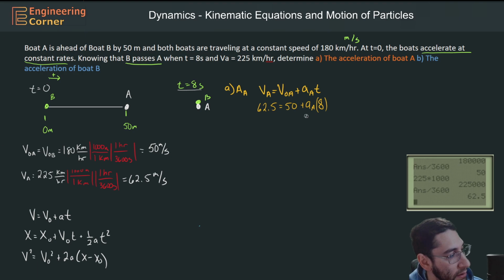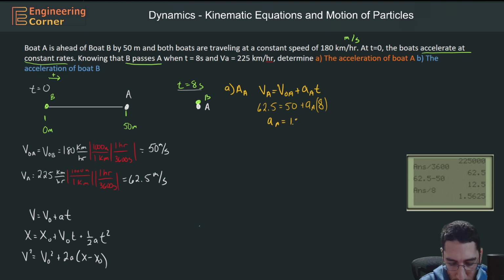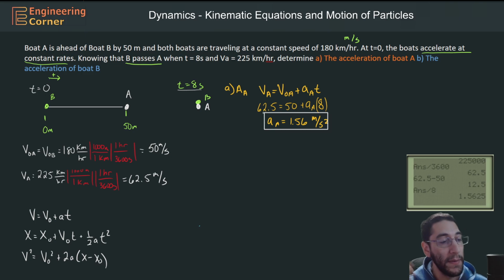Okay, so we'll do 62.5 minus 50 divided by 8. And we get that my acceleration of A is 1.56 meters per second squared. So that's what my acceleration of A is.